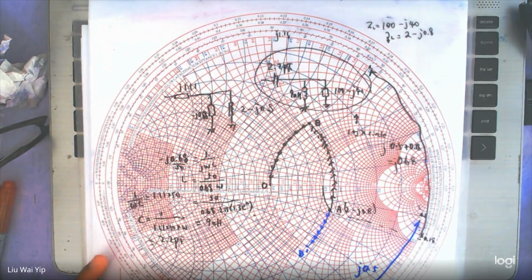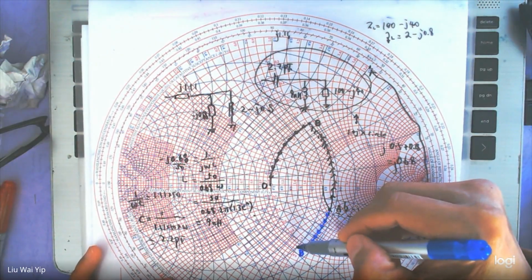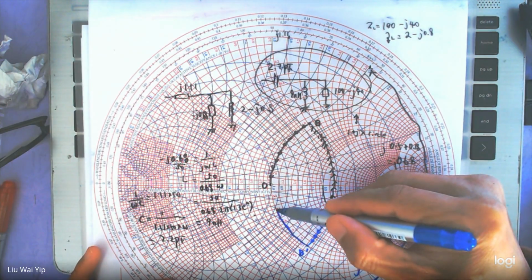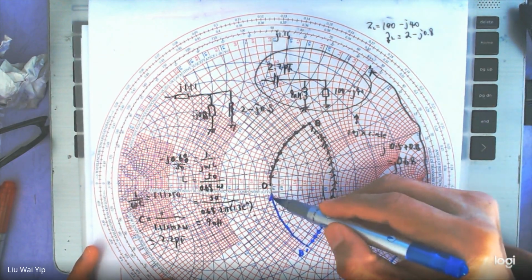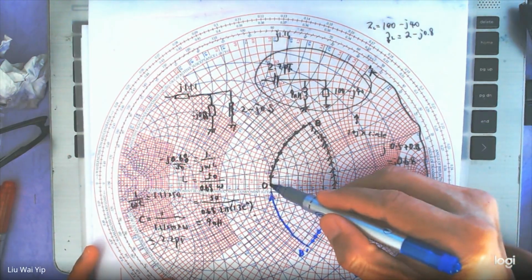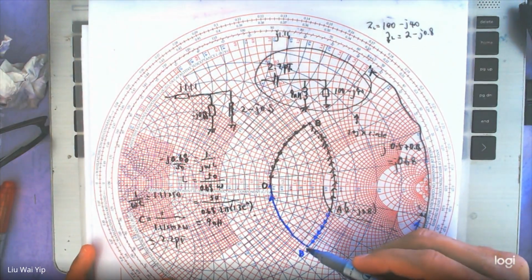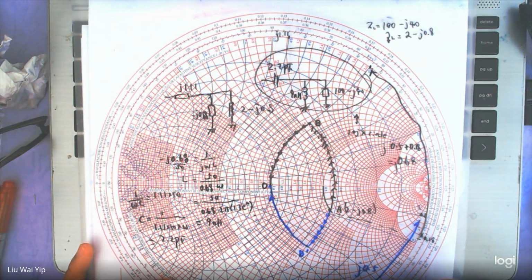Okay, so another thing is you need to go from here and move along the 1 plus Jx circle until you meet with this point. So by just looking at the reading here, I know the reactance here is about 1.1.